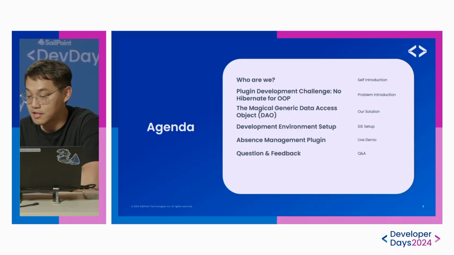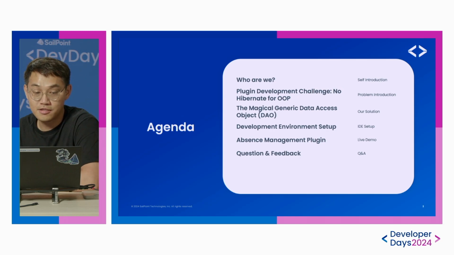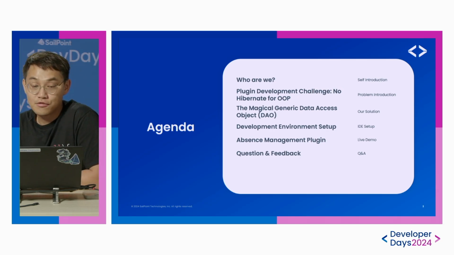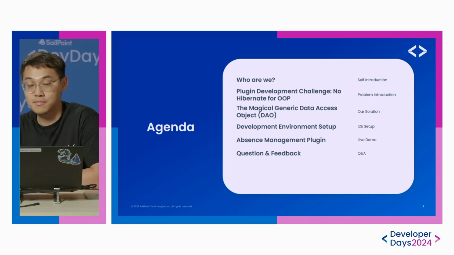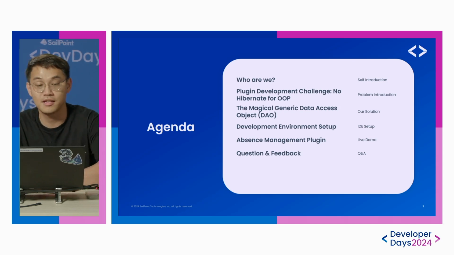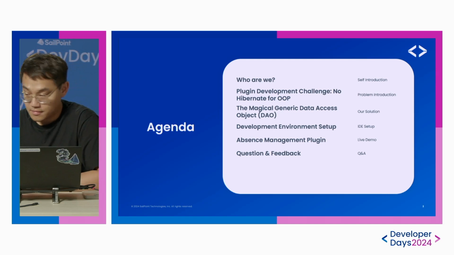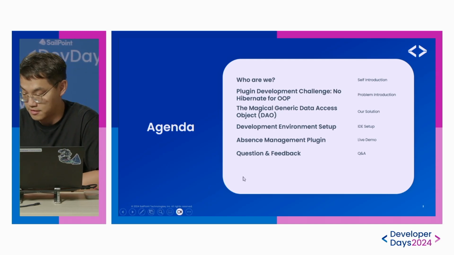Firstly, we will have a brief introduction, and then we'll highlight the challenge and solution for the problem we are facing. The main focus, of course, will be live coding and the demo session later in the session.